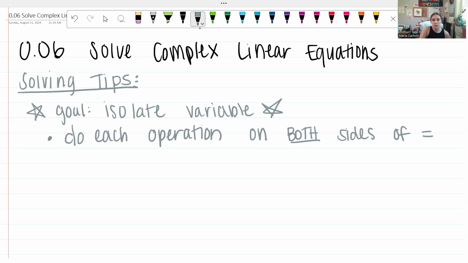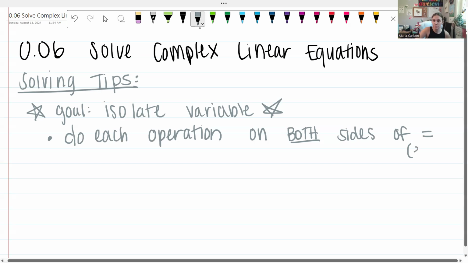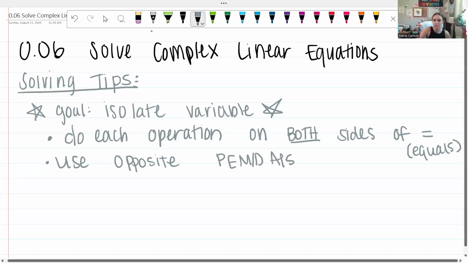All right, do each operation on both sides of the equal sign. If you're not sure what operation you should be doing first, use opposite order of operations. So parentheses, exponents, multiplication, division, and then addition, subtraction.